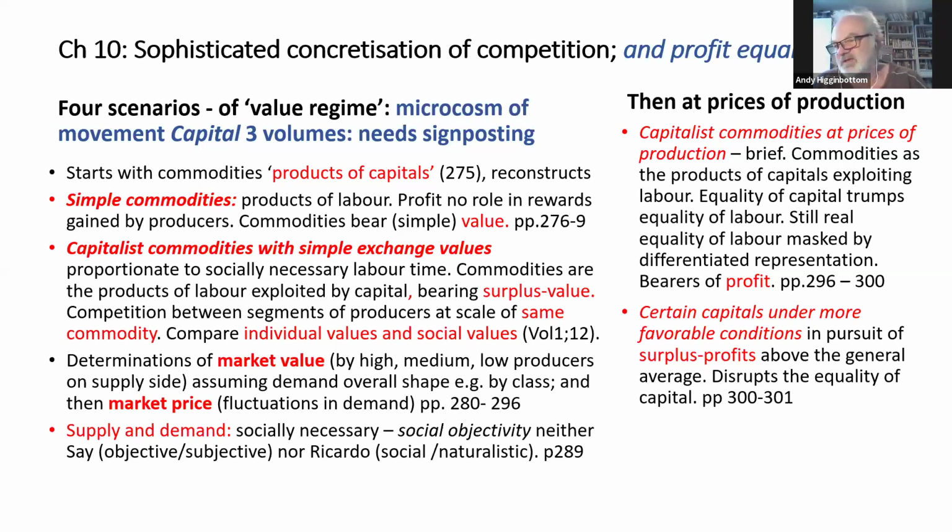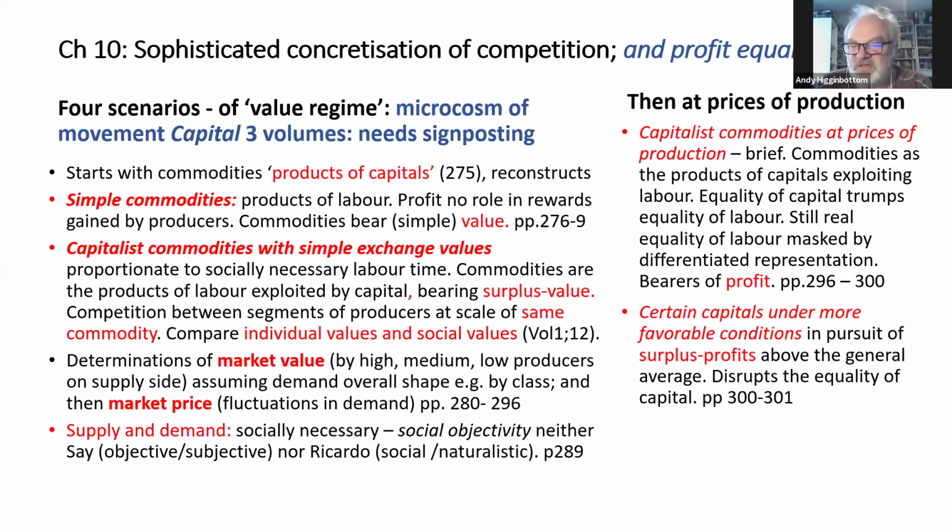So there's a step between capitalist competition within a sector and how capitalist competition works across sectors. If the price is high enough, a lot of the capitals are going to be making not just normal profits but surplus profits, and that's going to attract capital into the sector.